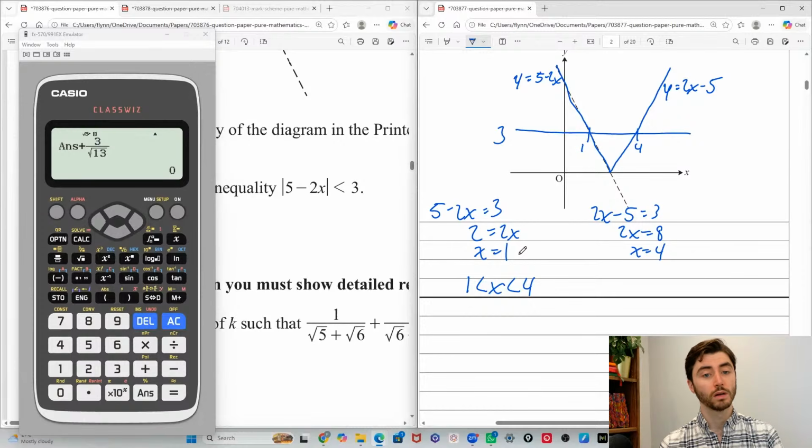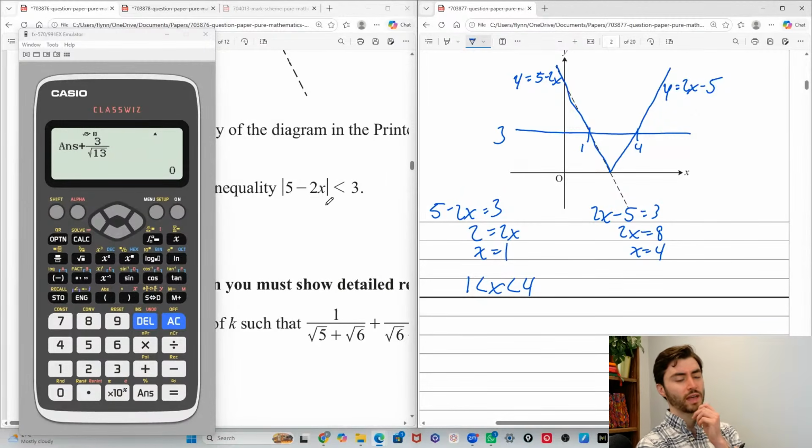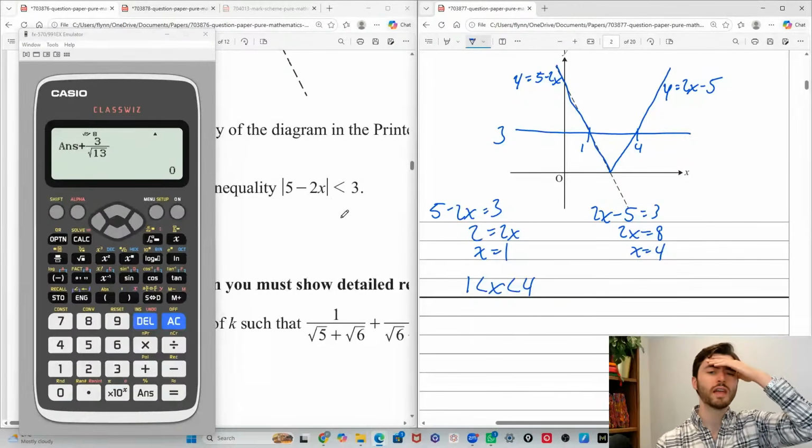Oh no. I got that wrong. Why did I get that wrong? Because if I plug in x equals 0, the modulus of that would become modulus of 5, which is not less than 3. Because 0 is not in that region, Patrick.